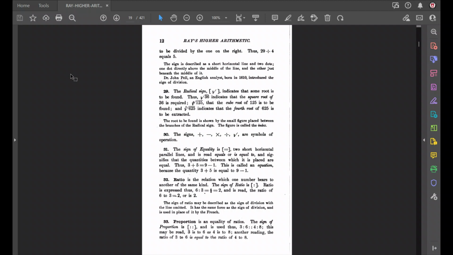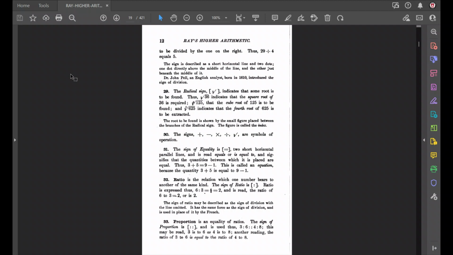The relationship between 6 and 3, 6 is to 3, that ratio is equal to 2 to 1, which is equal to 2. The relationship between these two numbers is the same as the relationship between 2 and 1.